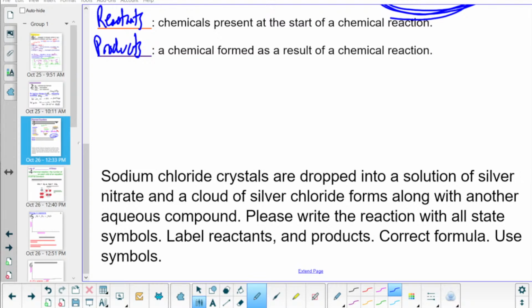So exactly like the cloud of yellow crystal forming. A cloud is actually the cloudiness of it.